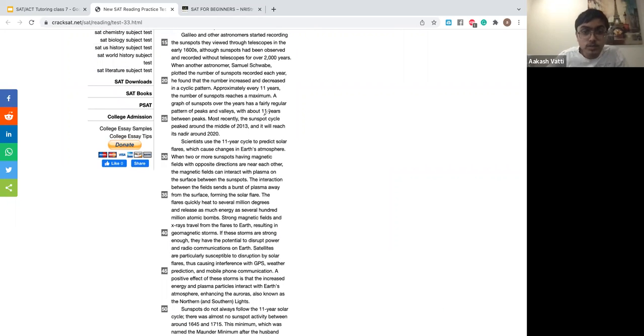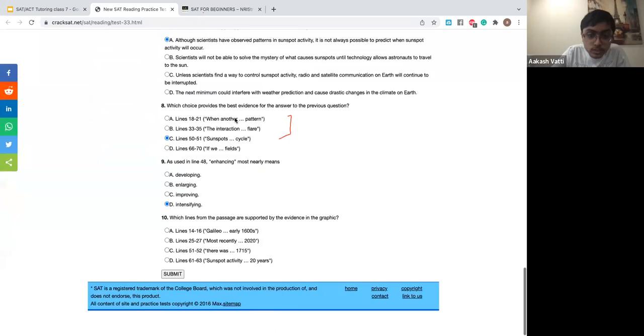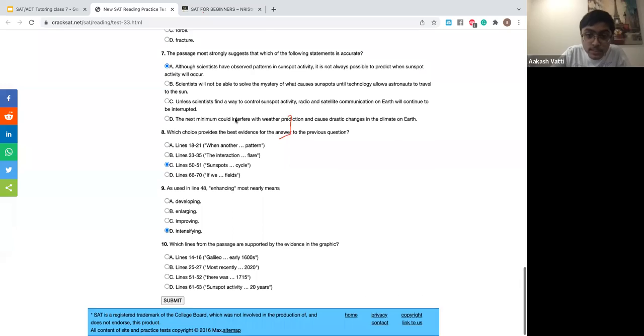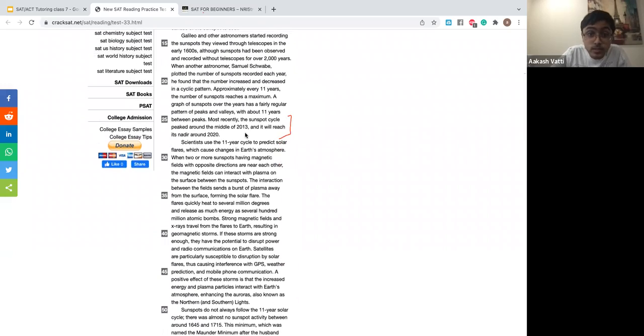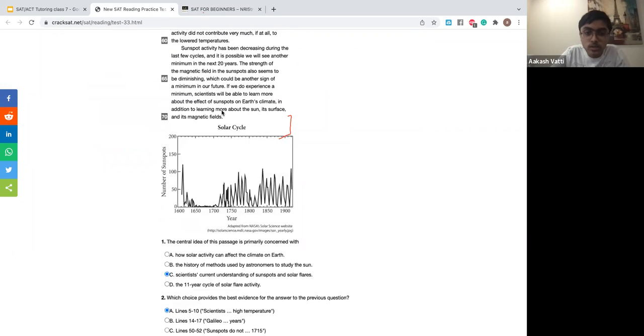B, 25 to 27. It most recently peaked around this. The exact question was which passages are supported. Sunspot cycle 2013 released around 2020. First thing we notice is this graph only goes up to around 1950-ish.